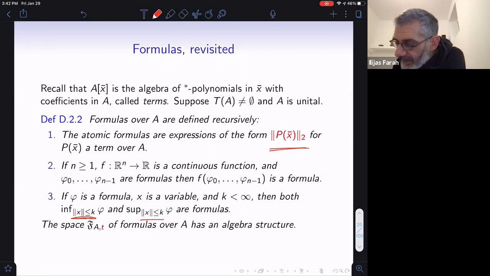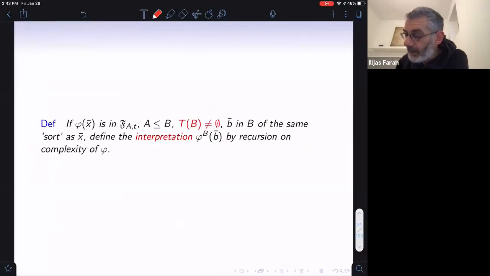Also this space, I call it F_A^T. I should say this is just ad hoc notation only for this course. This space again has an algebra structure, so pretty much everything that I said about that space applies for this situation. You can also mod out by this and get a real Banach algebra and so on.